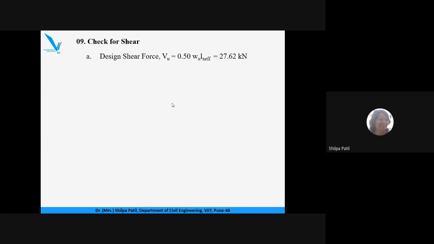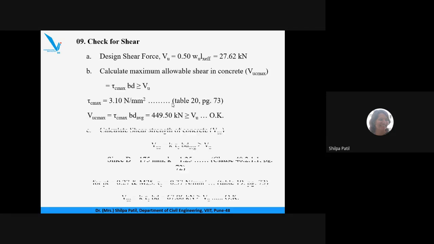Now check for shear. The steps are the same: calculate the maximum allowable shear Vuc max, compare it with Vu, then calculate the shear strength of the concrete Vuc, or shear resisted by the concrete, by using this formula and compare it with the Vu. In this case, both the values are coming greater than Vu.